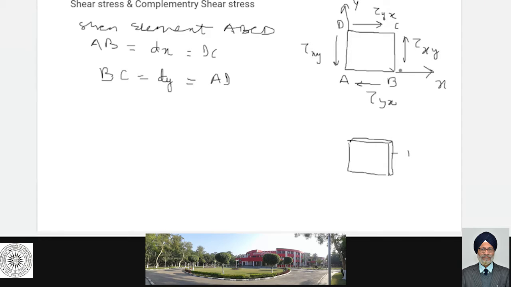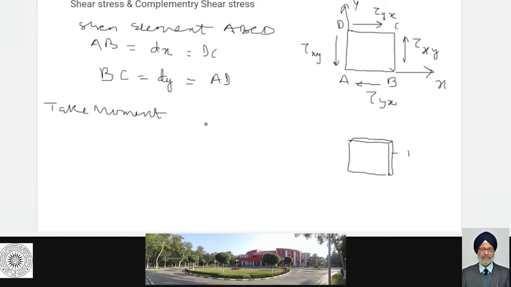So this side is also 1, this side is also 1. So this will be the stress. If it is multiplied by area, it will give the force.